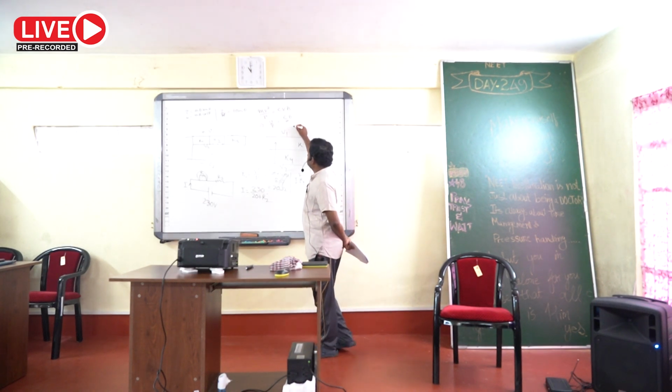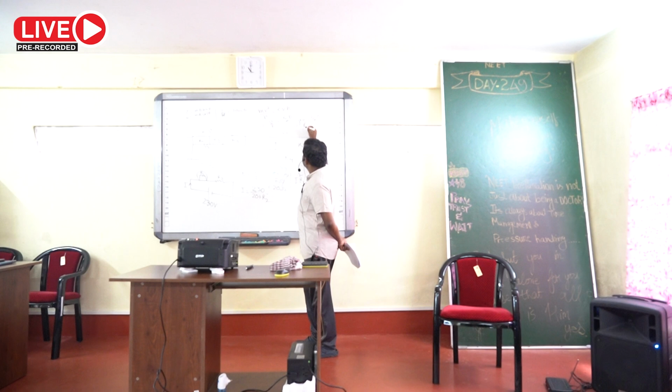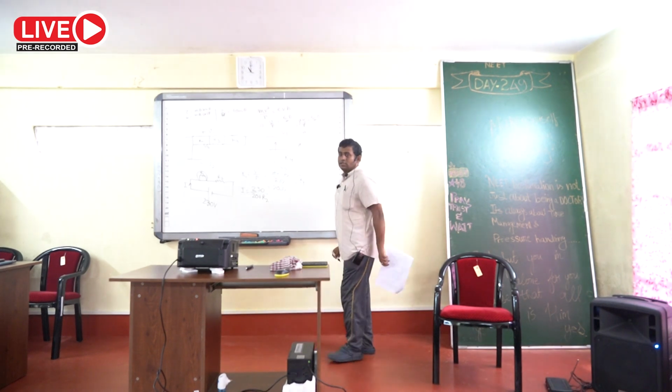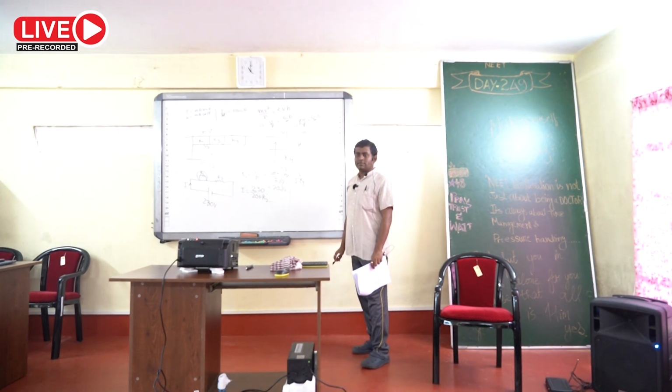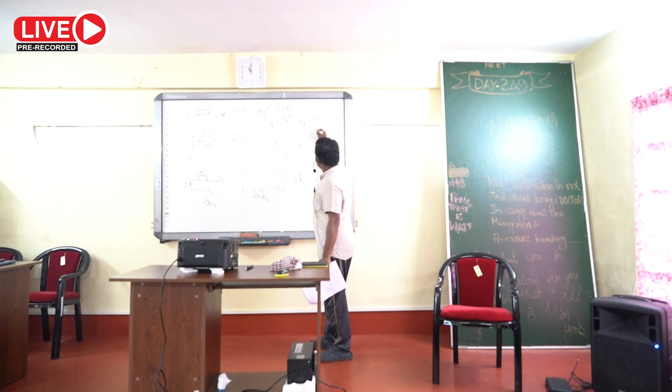Now we can write v equals r omega. It is moving in a circle, so v can be written as r omega. But frequency of revolution means natural frequency, that is omega equals 2 pi f. So e by m into B equals 2 pi f.